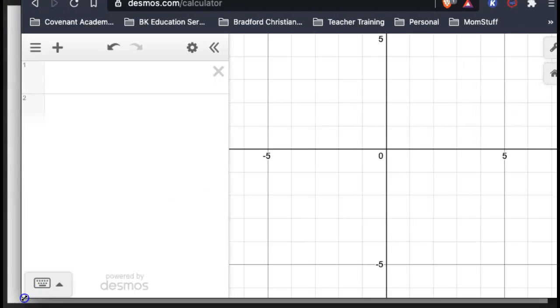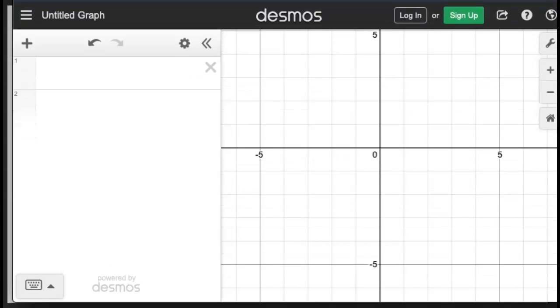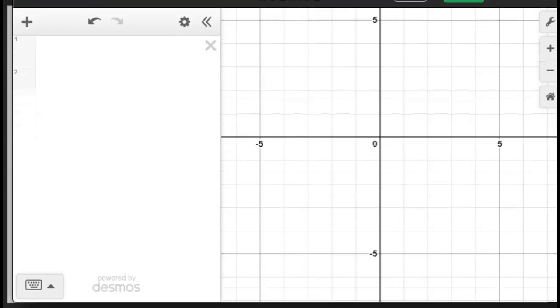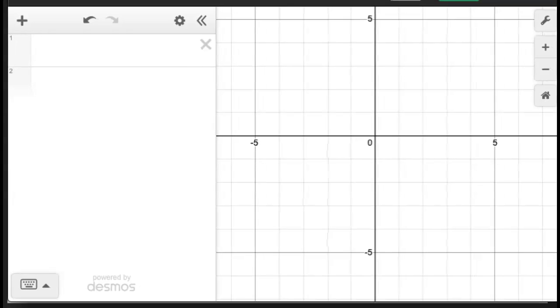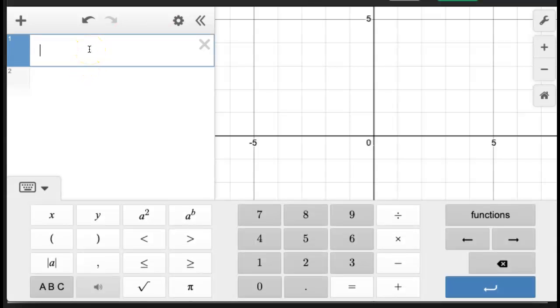Let me get all of this in. Here's how we want to do this. Looking at number 15, notice that number 15 is given to me as y cubed minus 2y squared plus 5y minus 4 equals 0.